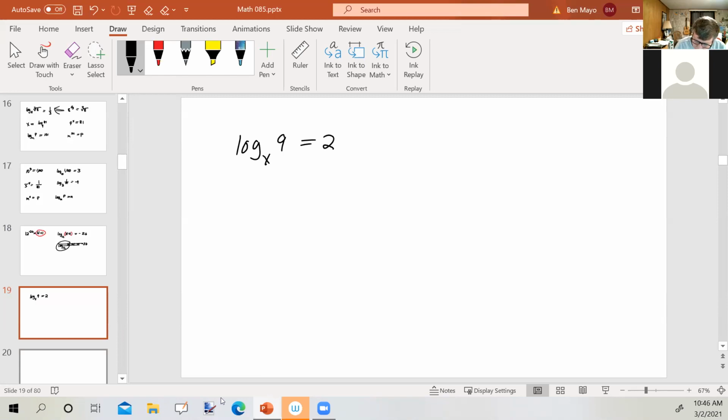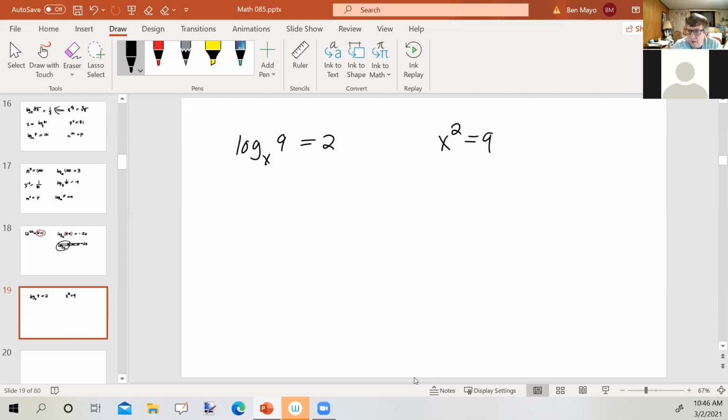Okay, so writing that as an exponential equation, we would have x squared equals 9. Any question how I got there? All right, now, if we go back to chapter, let's see, is it 10?